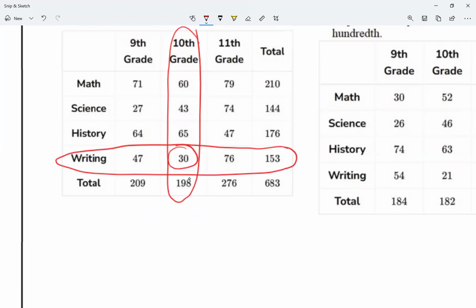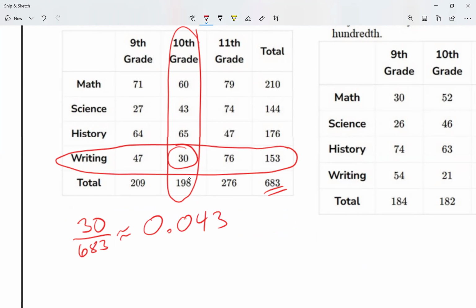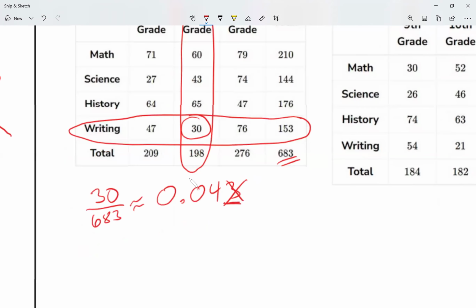So I'm going to go 30 divided by 683, because that's my whole total. I'll use my calculator. 30 divided by 683 gives me 0.043. My third decimal number is too small, so I'm going to ignore it. Remember, small is 4 or less, so my answer is 0.04.